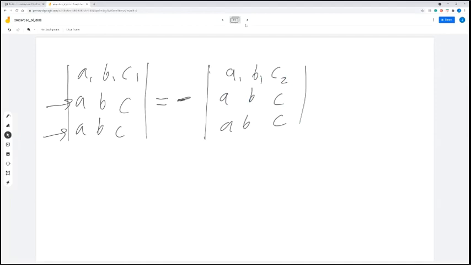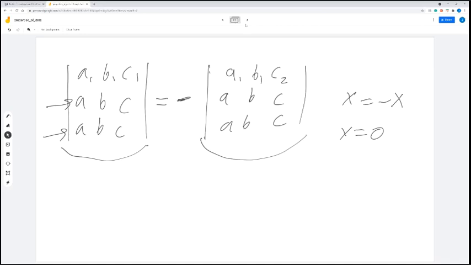So I have a number that must be equal to its negative. What number is equal to its negative? If I write x equals minus x, there's only one solution, x equals zero. So the determinant is equal to zero. And that's why, when we encountered that determinant in the solution to the homework today, I said that I already know the determinant must be equal to zero because it contained two identical rows.